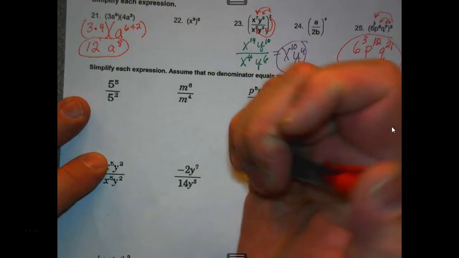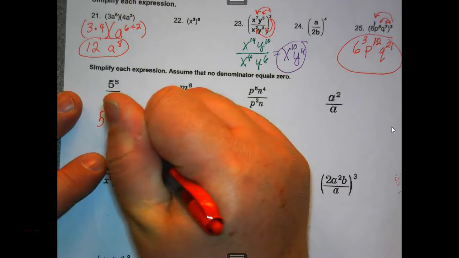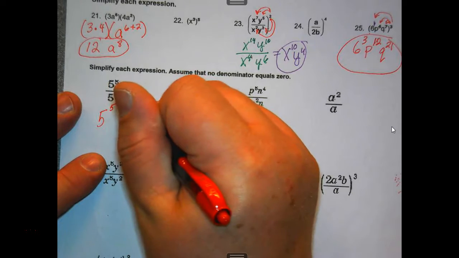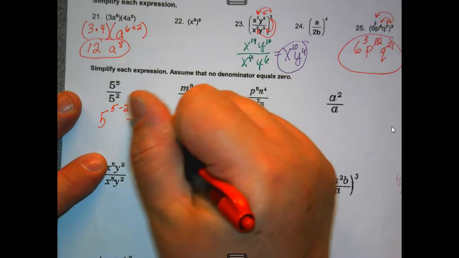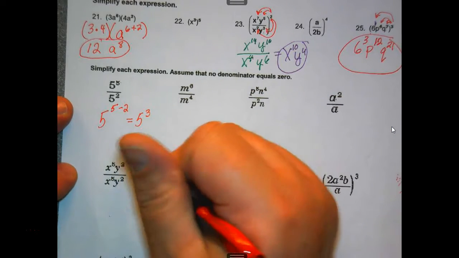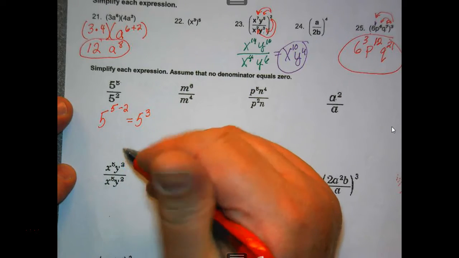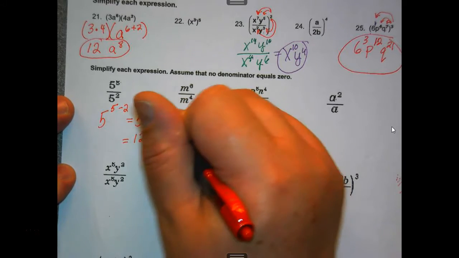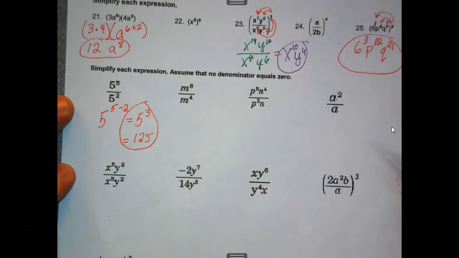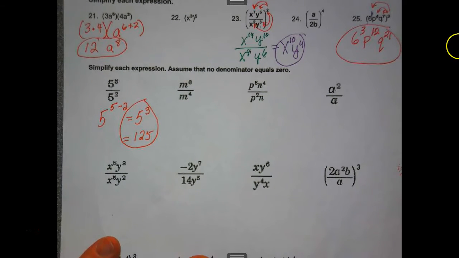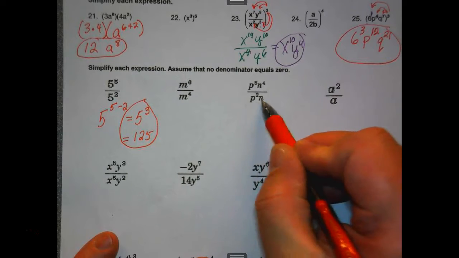Same base. So this is 5 to the, it looks like a 5, doesn't it? 5 minus 2 gives me 5 cubed. If you want to multiply it out, 5 cubed is 125. Either or. Let's see. Here I have just variables.